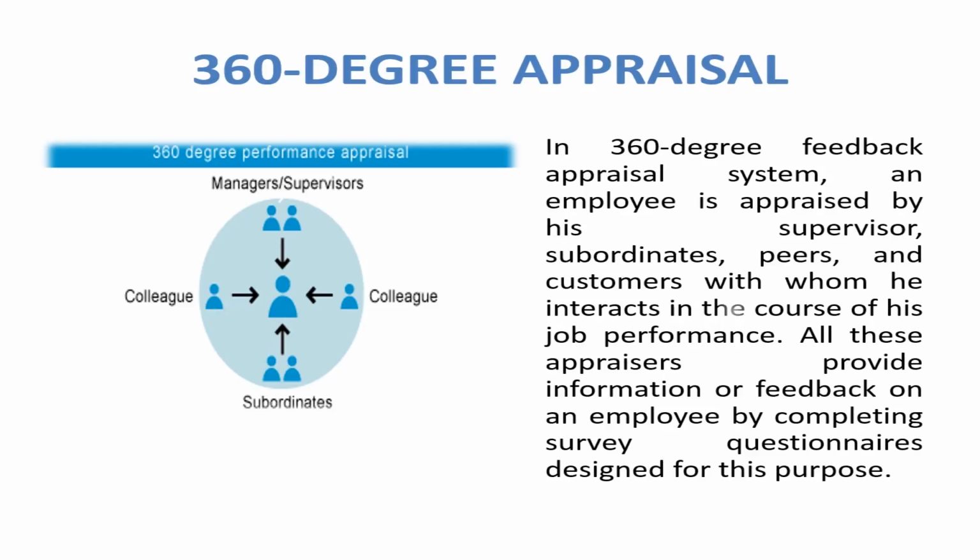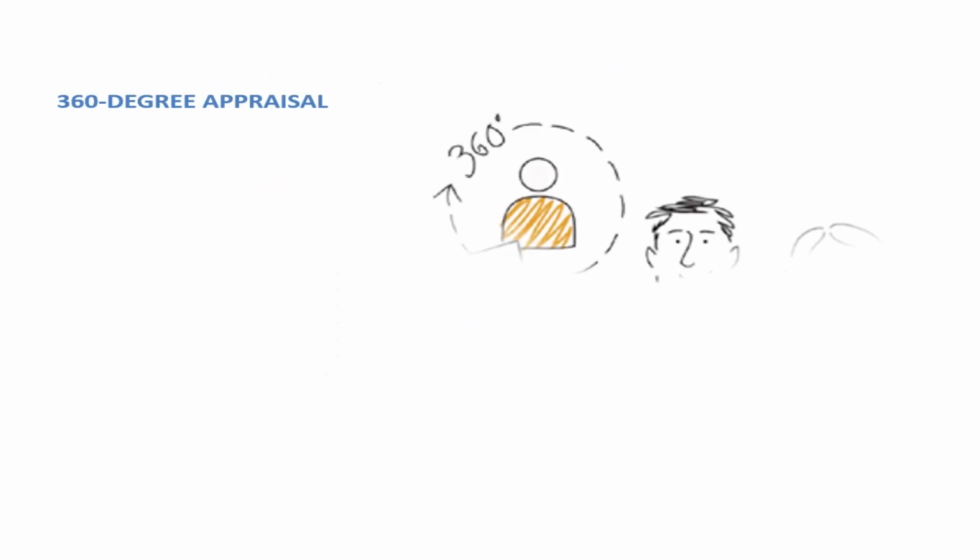In the 360-degree feedback appraisal system, an employee is appraised by his supervisor, subordinates, peers, and customers with whom he interacts in the course of his job performance. All these appraisers provide information or feedback on an employee by completing survey questionnaires designed for this purpose.